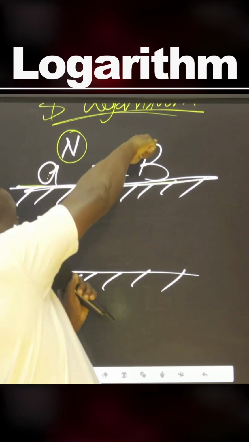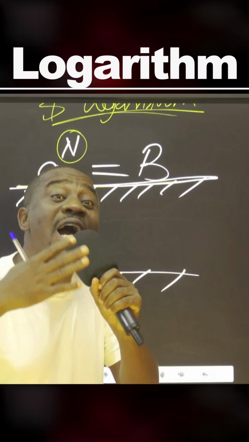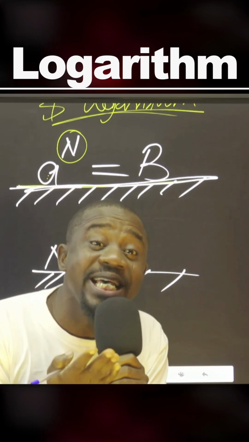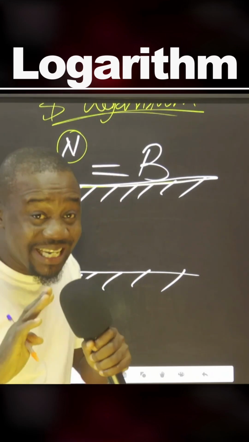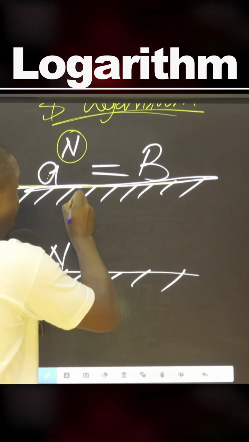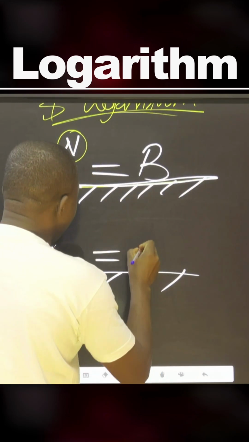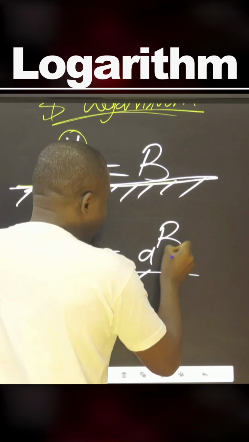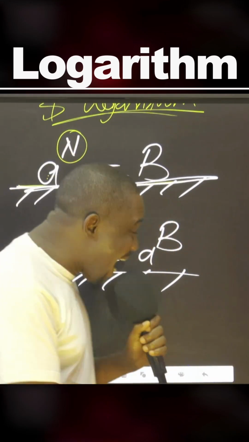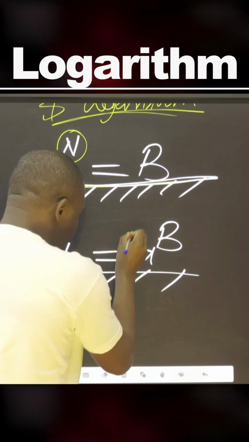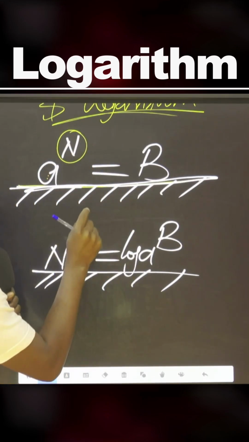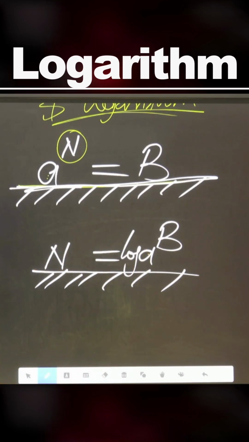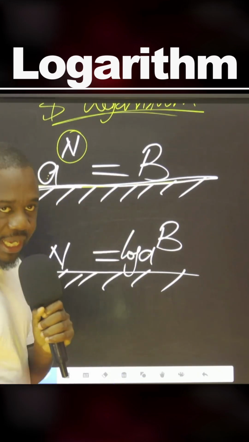This guy needs to go to the other side, because if he's not carrying anybody, he cannot exist. He cannot live. He's meant to carry. It's Mr. Carrier. He goes to this other side to carry B. To show that he has carried this guy before, we put log here. To show that this A carried N before, we put log here.